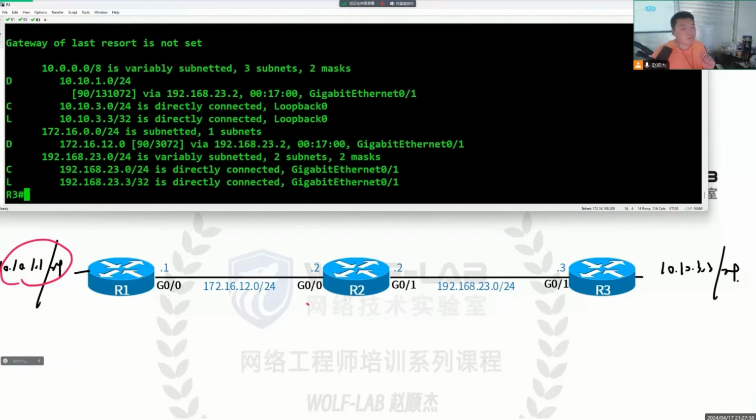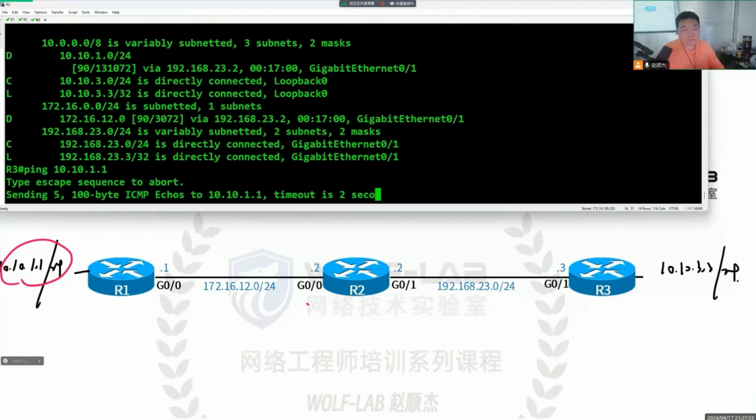Our database entry is told to R3. Then in R3's database, show ip eigrp topology, there is such an entry: look at 10.10.1.0. Who told me? R2, 192.168.23.2, told me; I received it from my 0/1 interface. So I calculate it as a route.